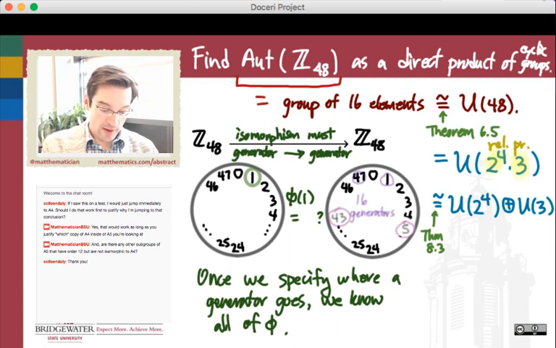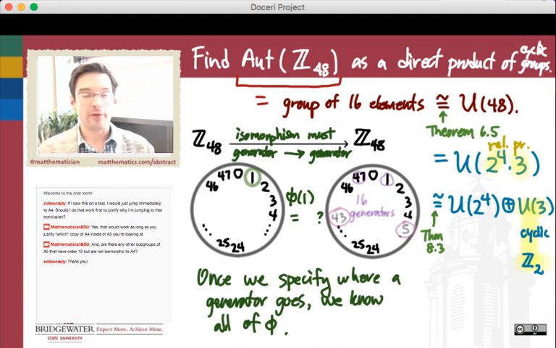But then we know how to simplify each one of these U groups as a direct product of cyclic groups. So this U3, because 3 is a prime power, is a cyclic group, a prime power of an odd prime, and therefore it's a cyclic group of order equal to phi of 3.